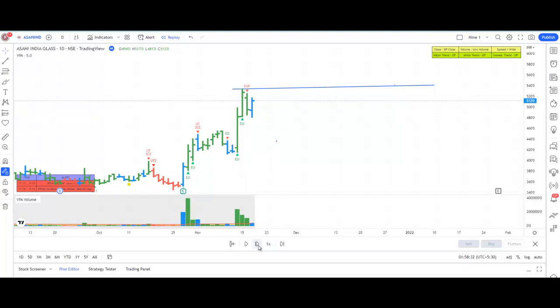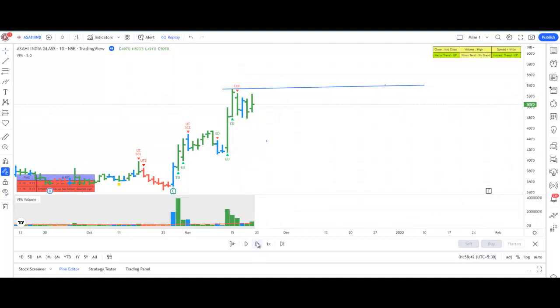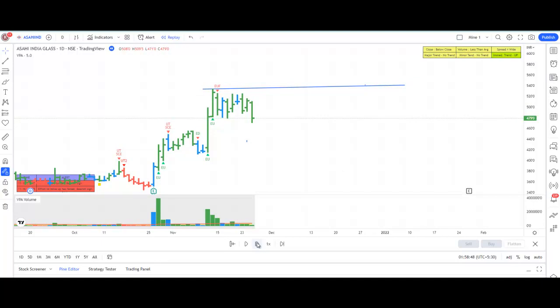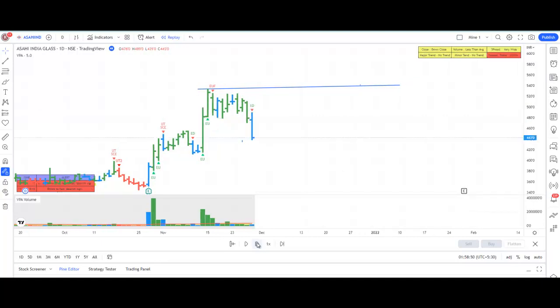The next bar is again an up bar, almost negating the weakness of the UF bar here. It is moving sideways, some consolidation is coming here, some supply coming, and now here is an effort to push the prices down with an ED bar here.